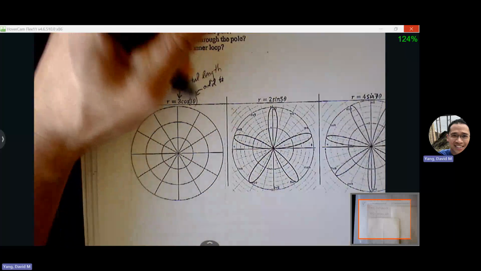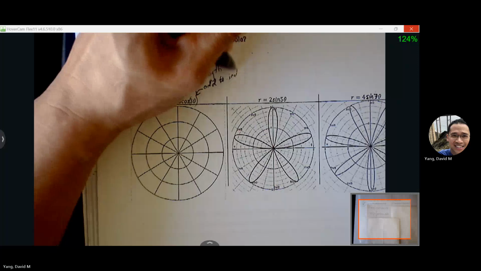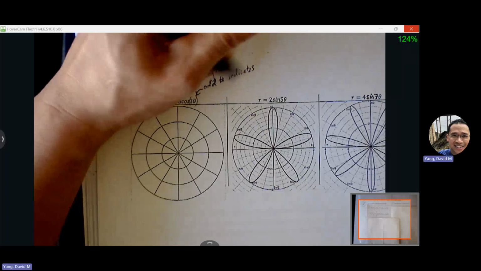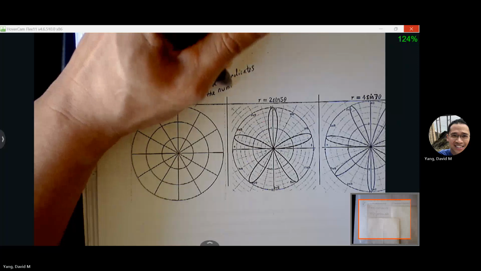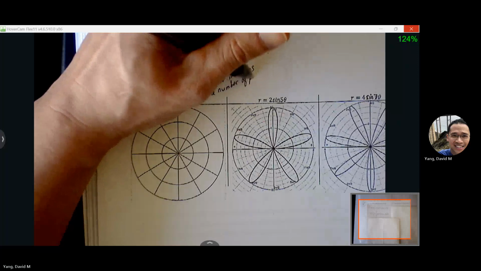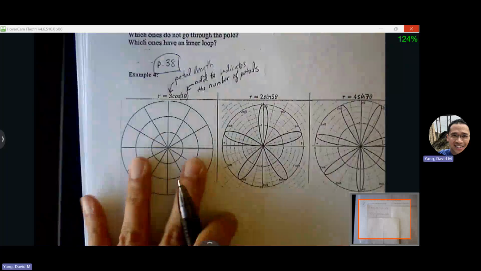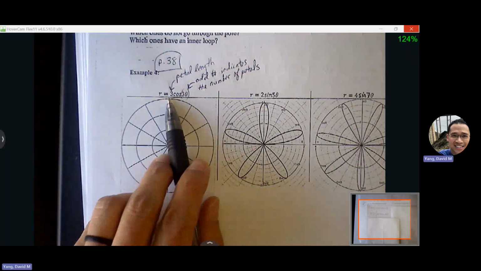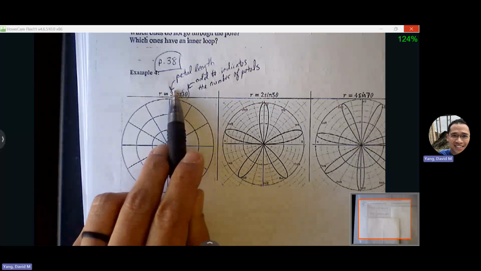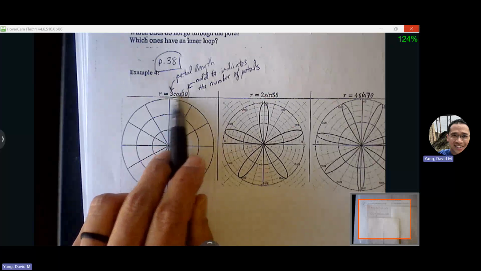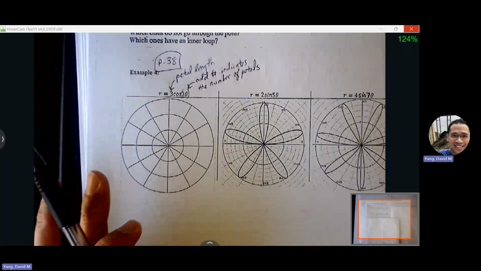But here, if it's an odd number, then it indicates the number of petals. So we're expecting 3 petals, each petal with a length of 3, and our graph is going to end up being symmetrical about the x-axis. All your cosine graphs will be symmetrical about the x-axis.